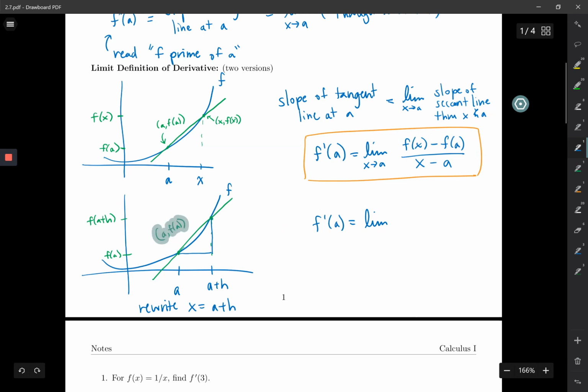So the idea is you want this distance and you divide it by this distance. Now this is going to give us just f of a plus h minus f of a, right? And then this distance, it's just h, right? So we could take a plus h minus a, and that will give us just h for this distance here. So that means our slope is this quantity over h.